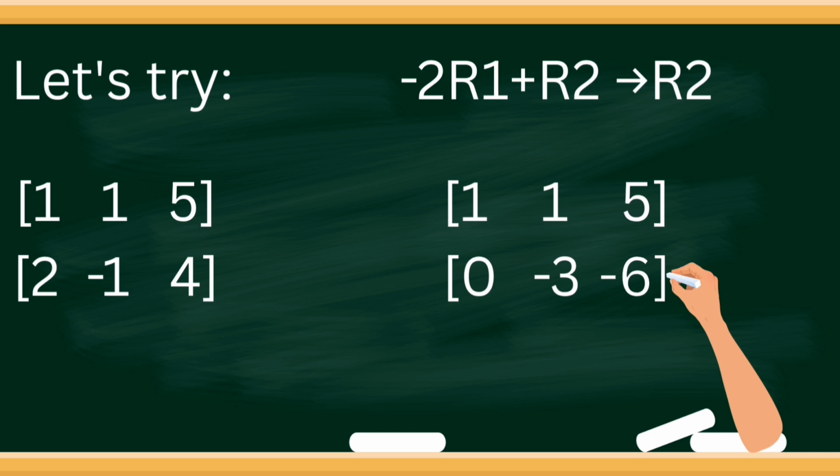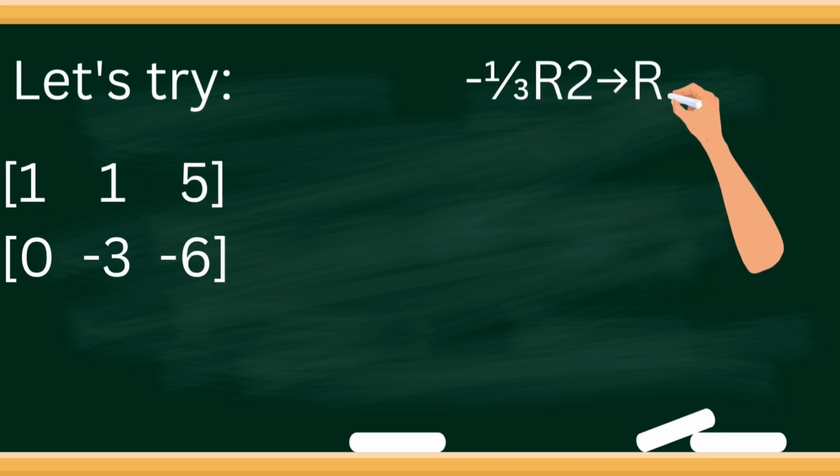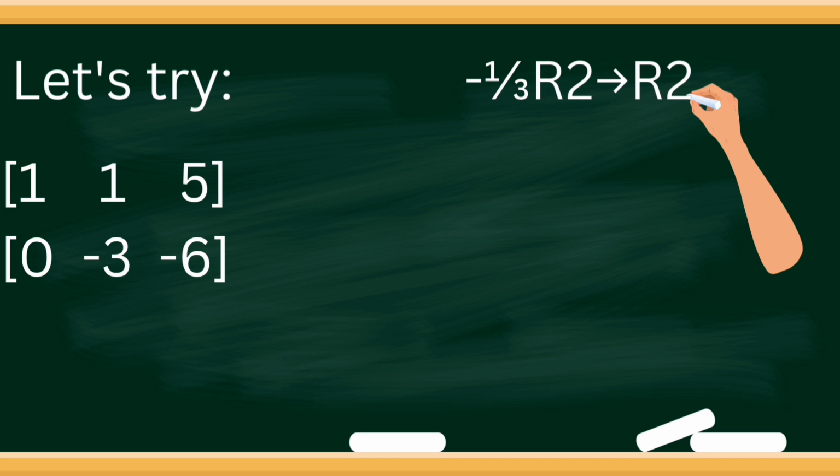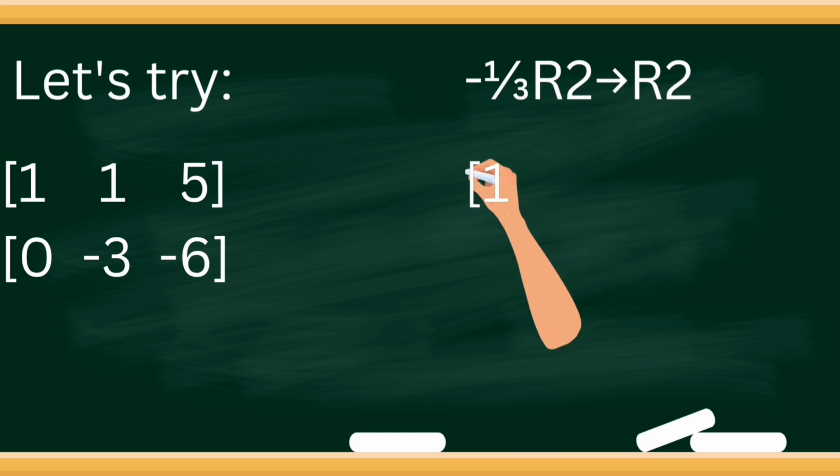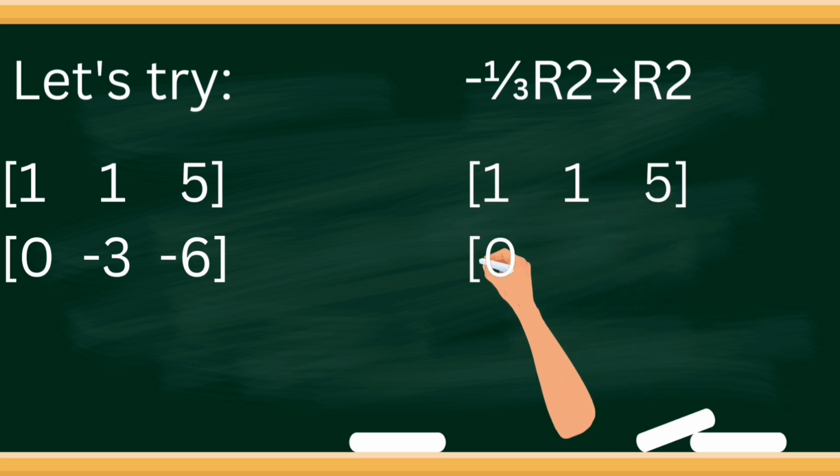The next step that we are going to do is to make the long diagonal turn into 1. The operation that we are going to do is negative 1/3 R2 is your new R2. As earlier, we'll just copy row 1 and also the 0.